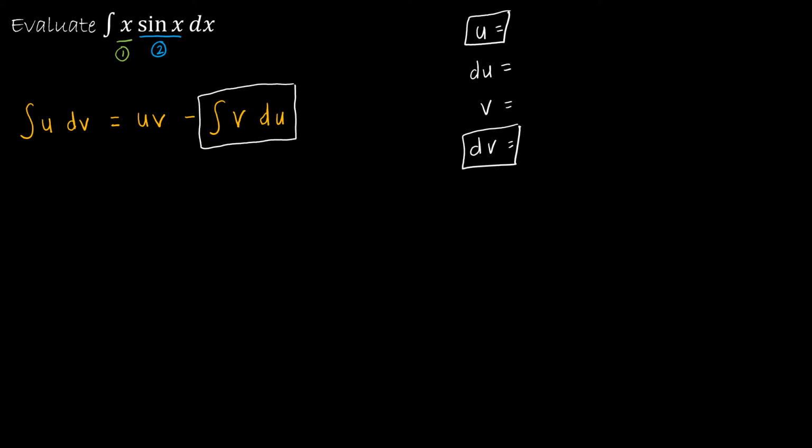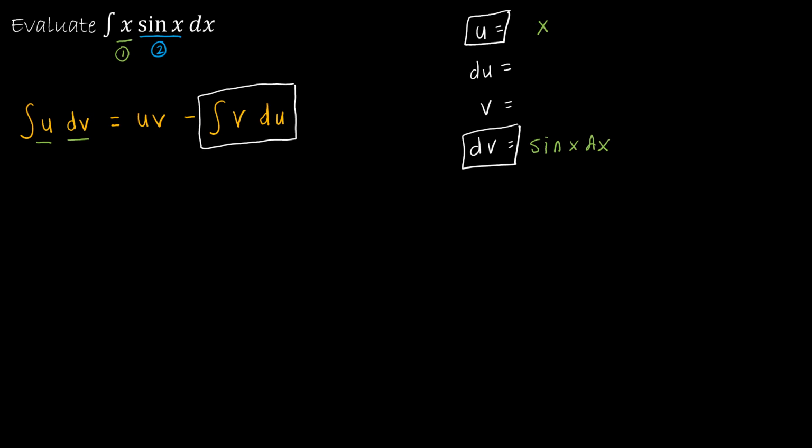I'm going to start with setting u to be x, and therefore dv, because those are the two we choose, has to be sine of x dx.